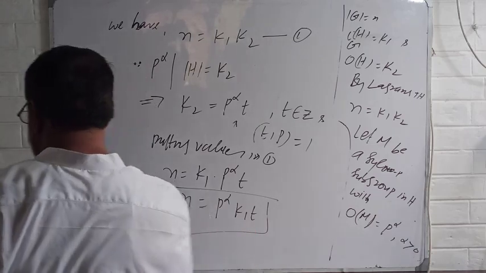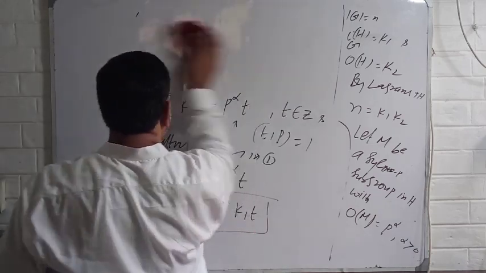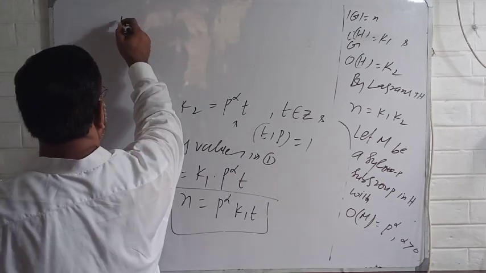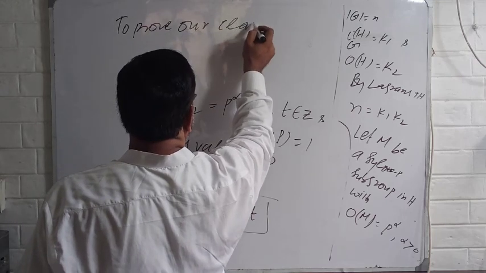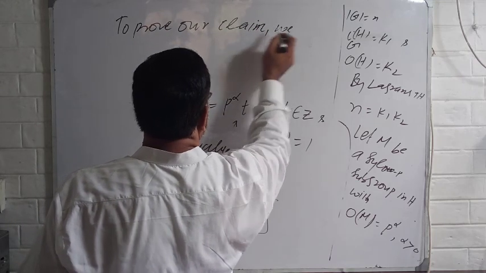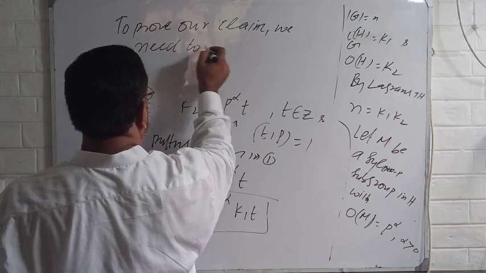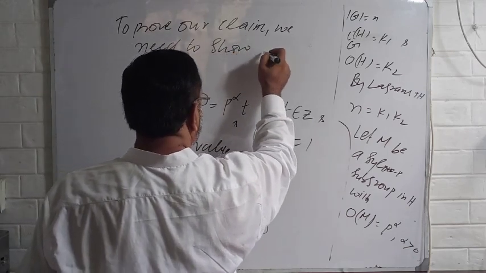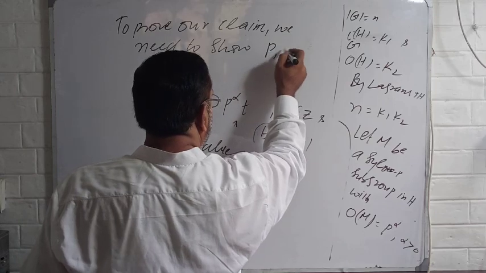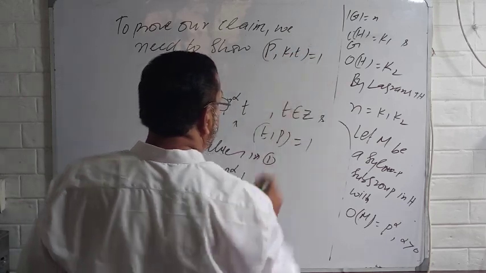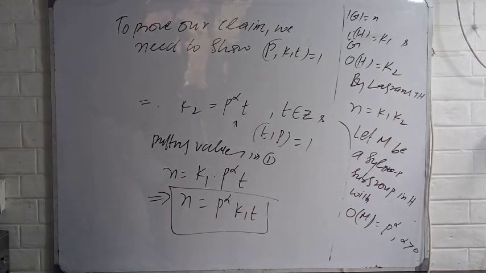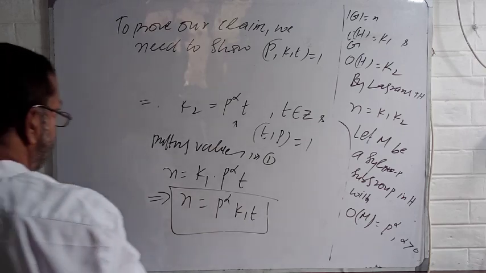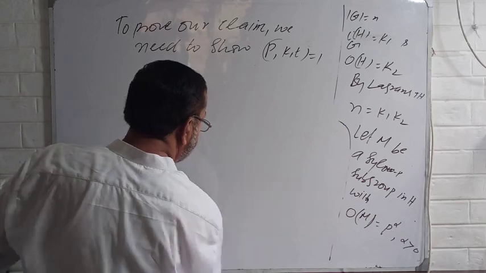Okay, so to prove our claim, we need to show P with K1 T are relatively prime, right? And we can show this very easily. What is K1?